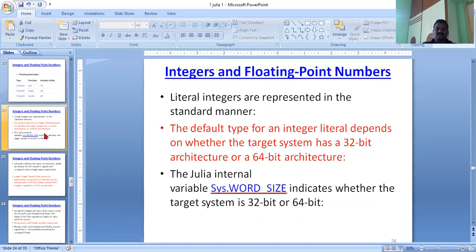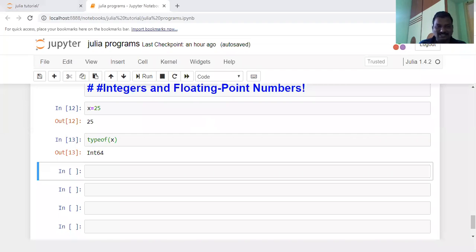The next important one is that literal integers are represented in a standard manner. How can you represent literal integers? For example, 1 is an integer, 2 is an integer, 123 is an integer.